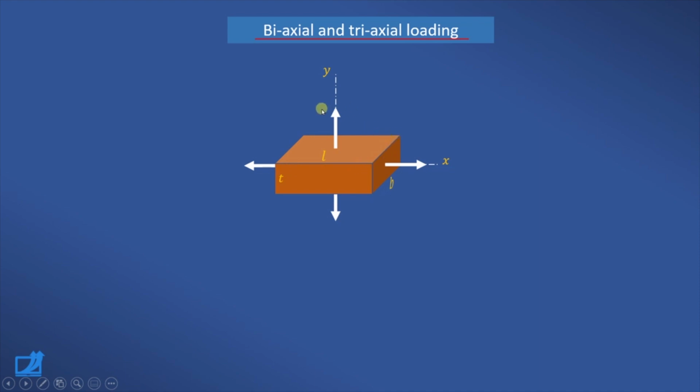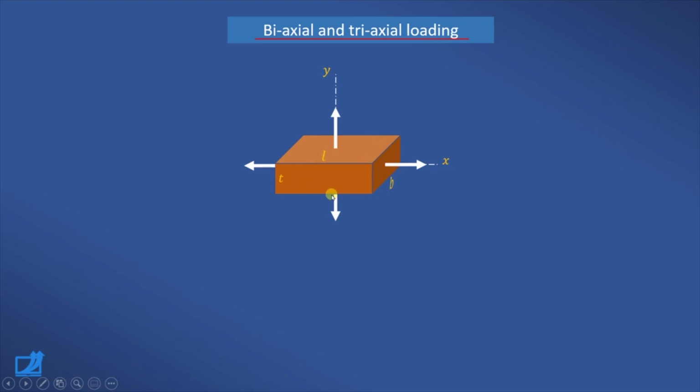Also remember, with reference to load along the y-axis, the area on which this load acts, that cross-sectional area, is to be considered length into width. This is that cross-sectional area with reference to this load, and with reference to load along the x-axis, the cross-sectional area to be considered is T into B.